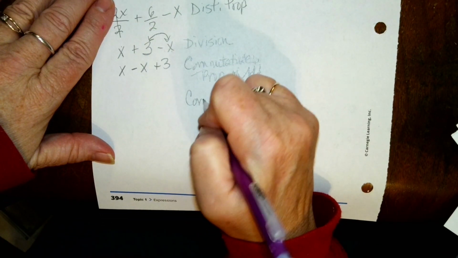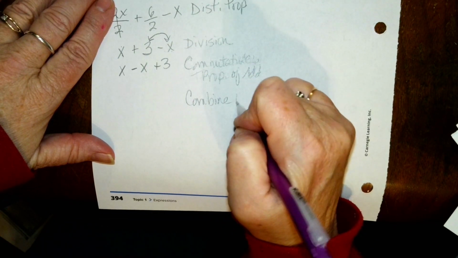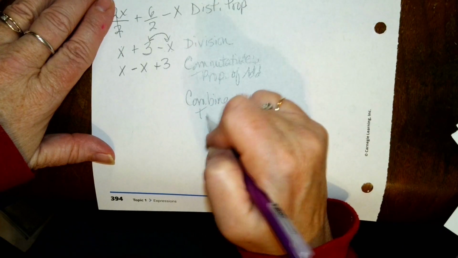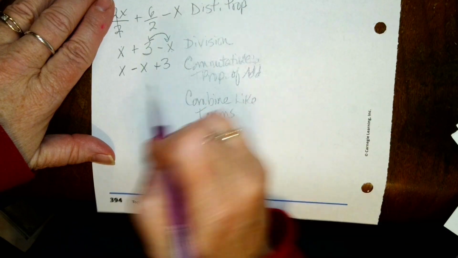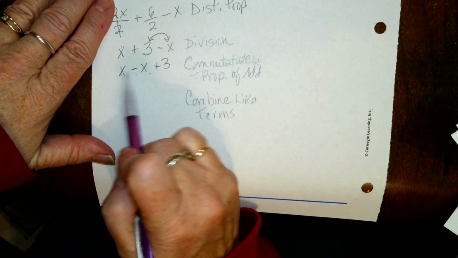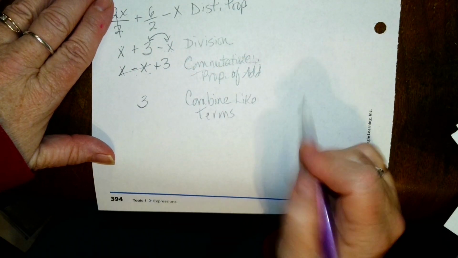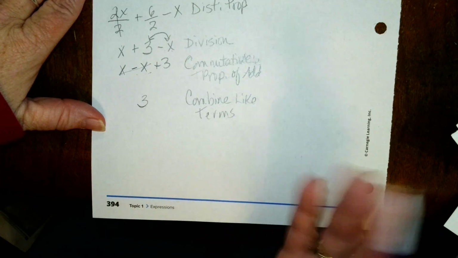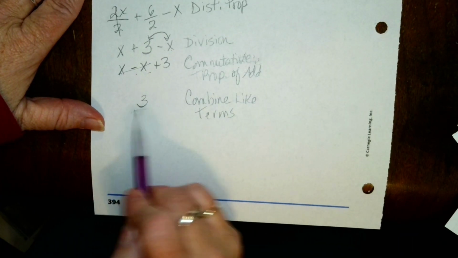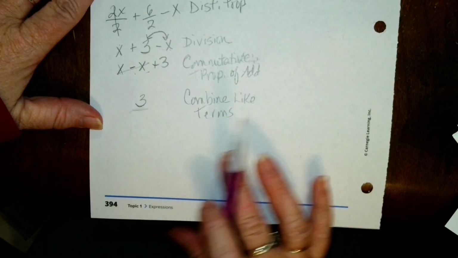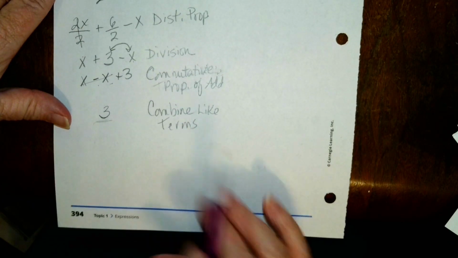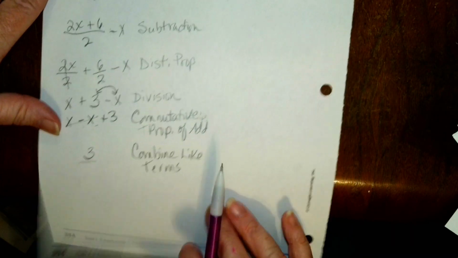Then combine like terms. So x minus x means the x's just go away, and I have 3. Okay, so we get that down to just an answer 3, just a constant. There's no variable left this time, which seems kind of odd, but let's check it.